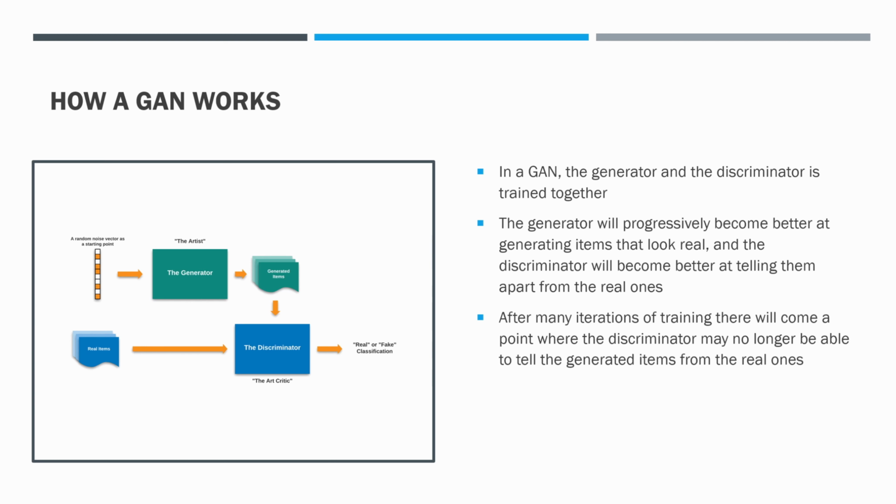After many iterations of this classification and retraining, there will come a point where the discriminator may not be able to distinguish the generated items from real ones. And at that point, the generated items will, even for humans, probably be indistinguishable from the real ones.